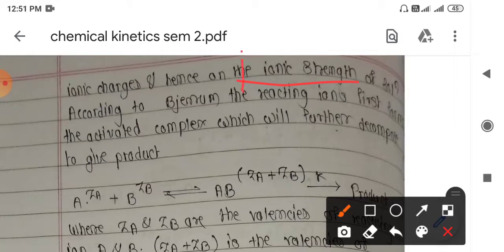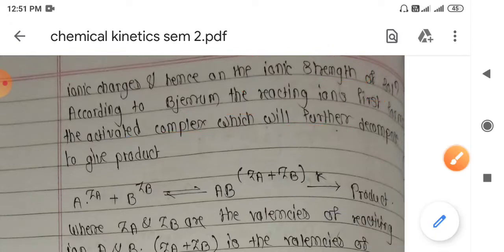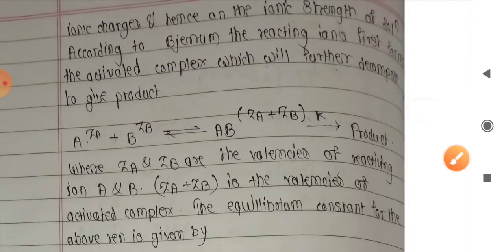So the ionic strength is directly related to the rate constant. According to this theory, the reacting ions first react to form the activated complex, and this activated complex will further break down into the given product.